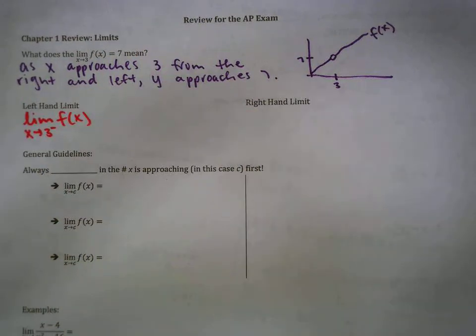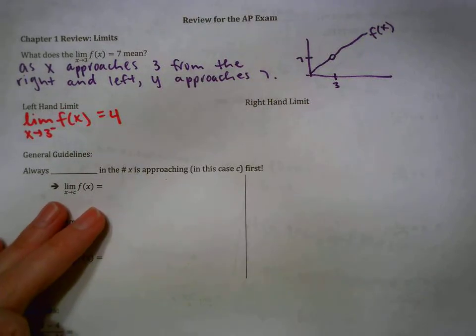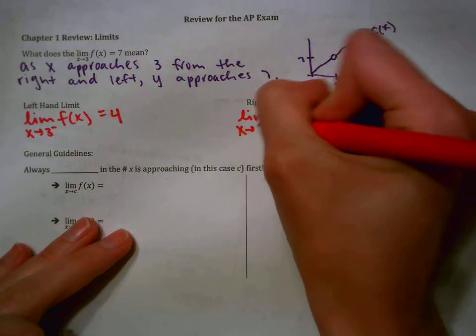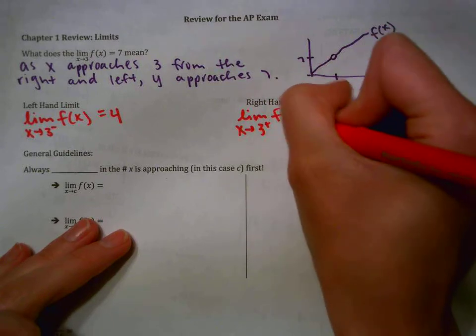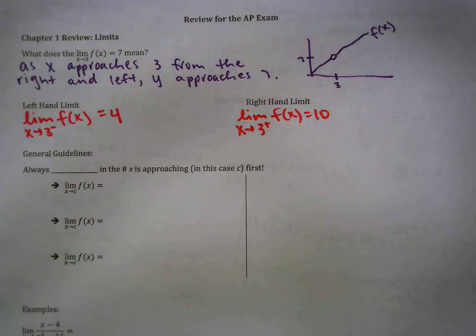Now I'm going to change this one up and we'll draw another picture. Let's say they said that equals 4, and then they said the right-hand limit as x approaches 3 from the right, so you put a little plus sign, of f of x equals 10.